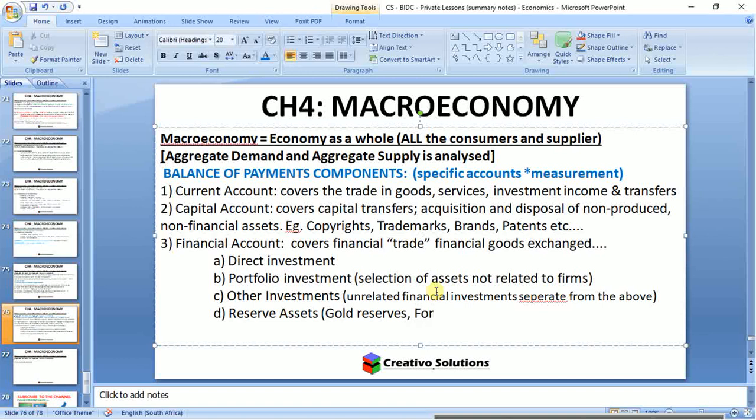They call that foreign exchange reserves. These reserves are kept for future transactions between those other countries.